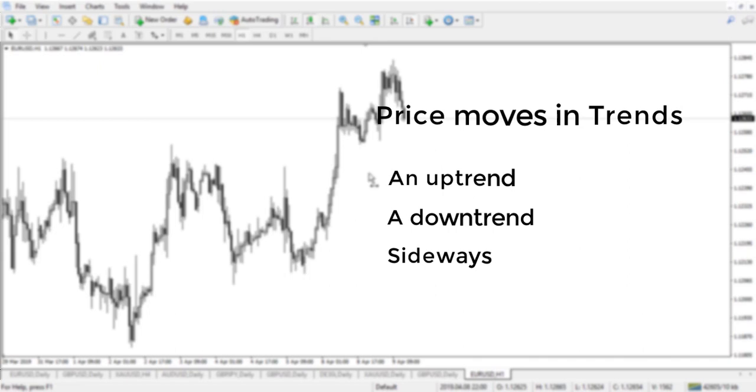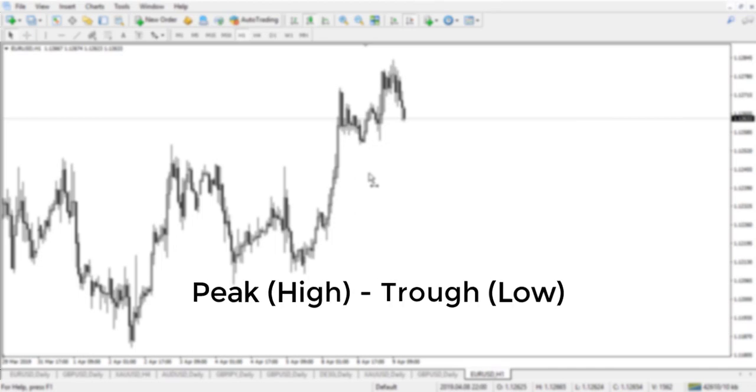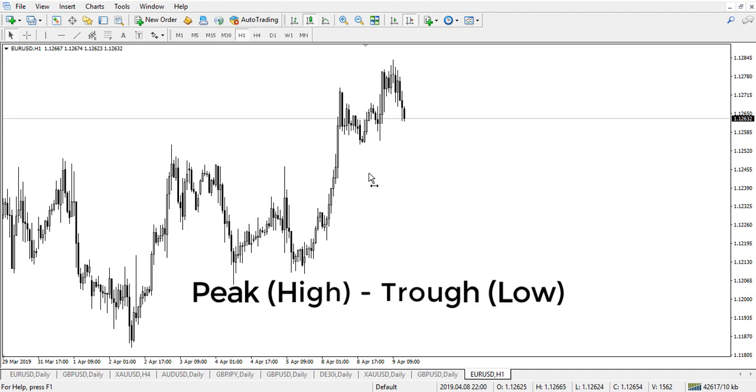So now, before we explain trend lines and how you can use them in trading, I'd like to explain something that is very important. This is something like a cornerstone. There is something that is called a peak or high, peaks, highs, and there is something else that is called troughs or lows. So what is a peak? A peak is the highest price between at least two candles.